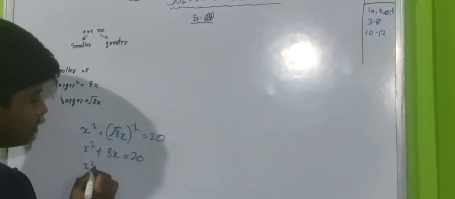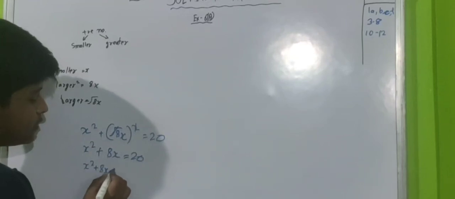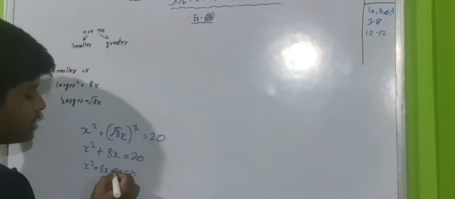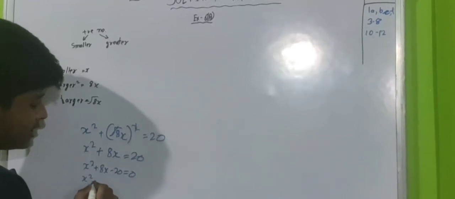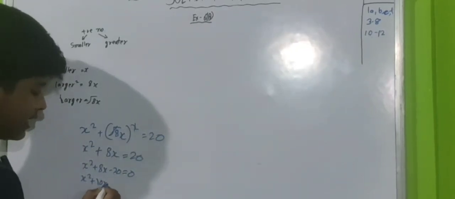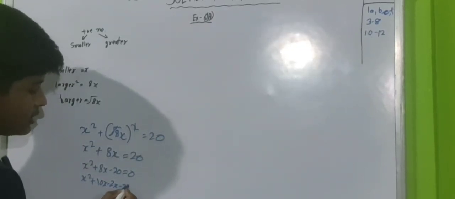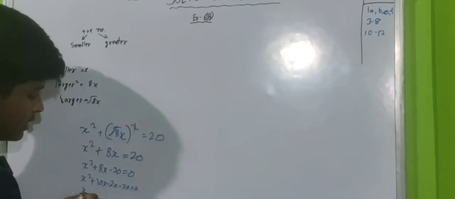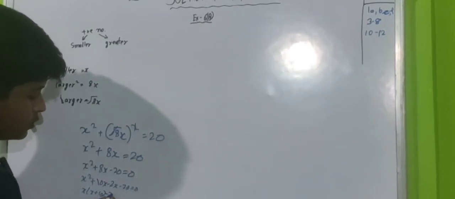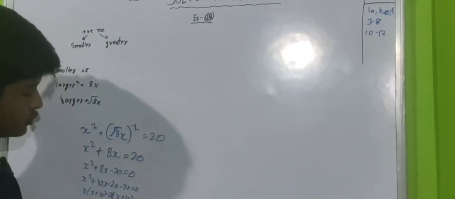So x square plus 8x minus 20, 20 sent to this side. Now taking the LCM as 10x minus 2x minus 20 is equal to 0. Here x plus 10 minus 2, x plus 10 equals to 0.